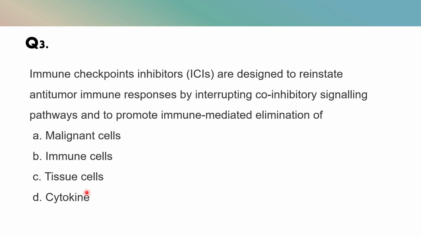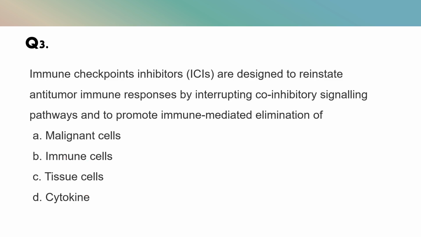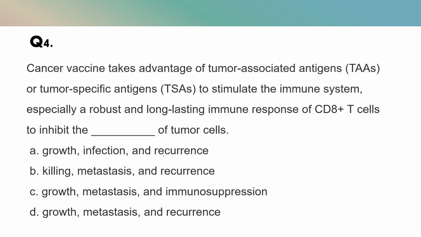Okay, so your answer is, now you can get it, these are the malignant cells. Fine. So I hope you understood the meaning of immune checkpoint inhibitors and how it is connected to anti-tumor activity. Fine. Let's talk about it more.